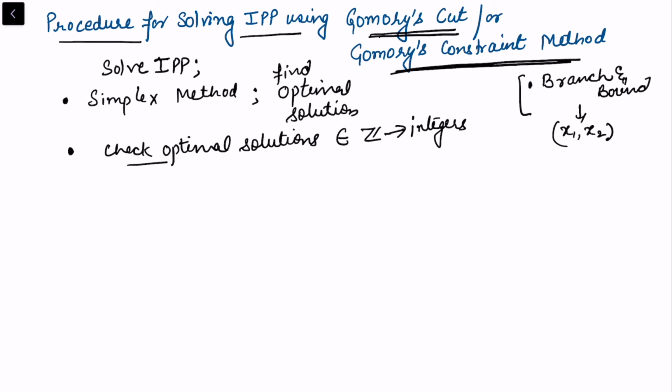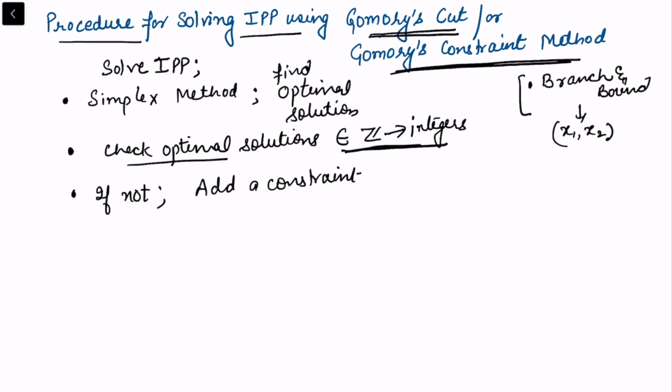If not, then we will add a constraint. And that constraint which I am going to add to ensure that we find the integral solution is what we call Gomory's constraint. Now how to add this constraint and what this constraint is, I'll explain in a minute.